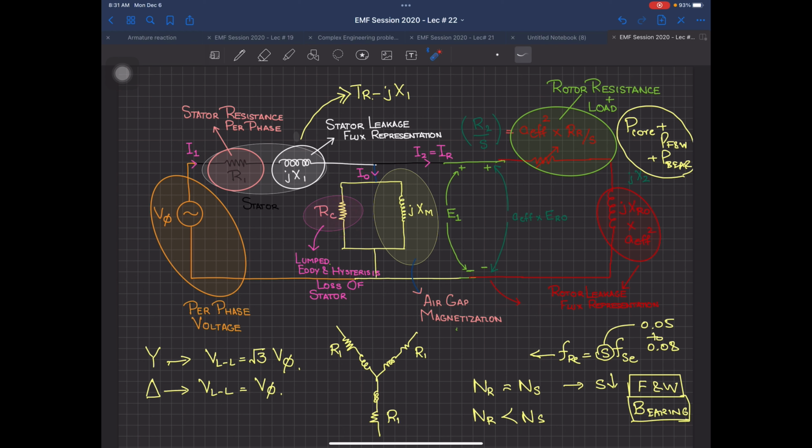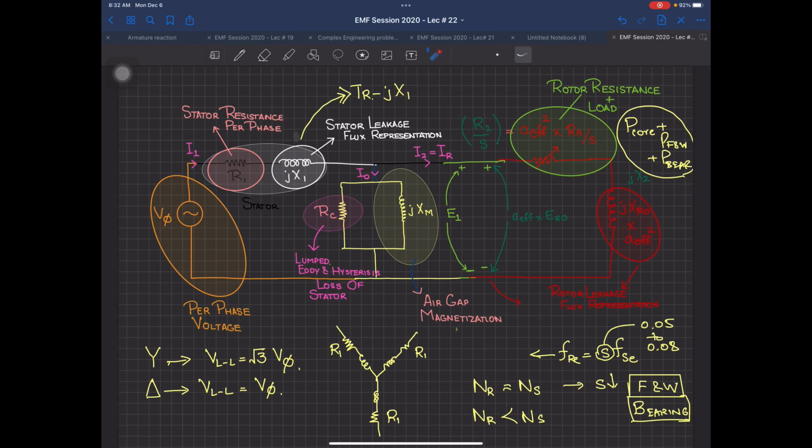Then this jXM was the air gap magnetization. This is the flux which remains inside the air gap, because whenever power is transferred from the supply, it passes through the stator and then flows towards the rotor. The flux which remains inside the air gap is represented here as jXM. As we talked about in the last lecture, this jXM is going to be a smaller value.